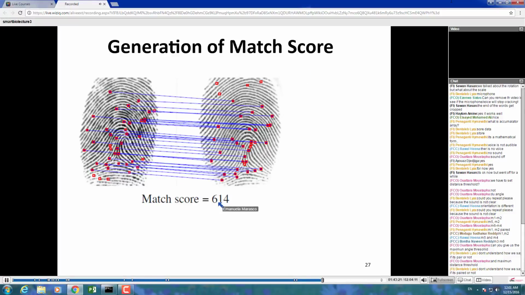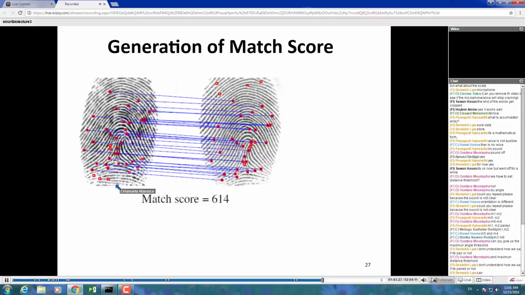Okay, so there is Lisa. She asked the question: I don't understand how we say two minutia are paired or not. Then at this point we go back to the algorithm, right? We discussed this algorithm. This is the algorithm used for pairing minutia.